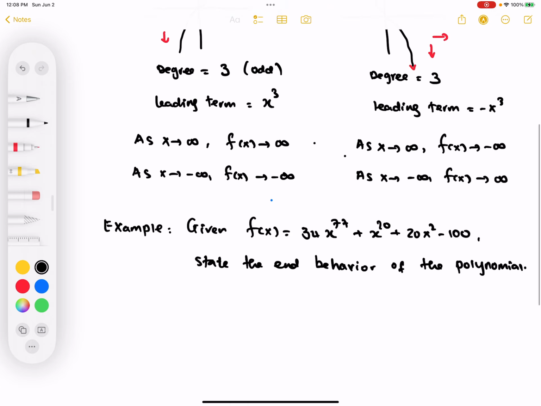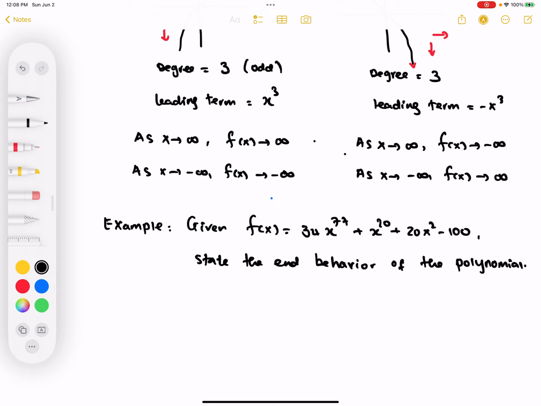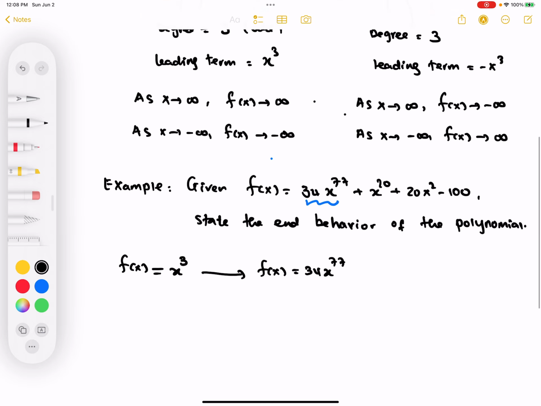In order to state this, look: the leading term is this one, right? Now just go to the first template, which is x cubed, which is odd. This is compared with f of x, 34 x to the 77, because it is a positive coefficient and odd degree. It has the same behavior, right? So the end behavior: as x goes to positive infinity, f of x goes to positive infinity.